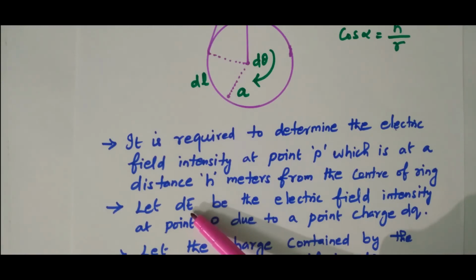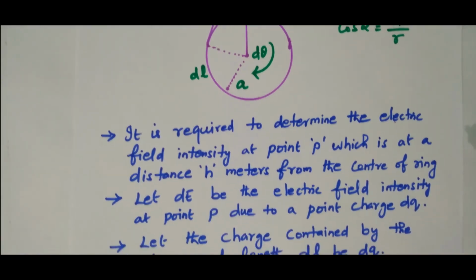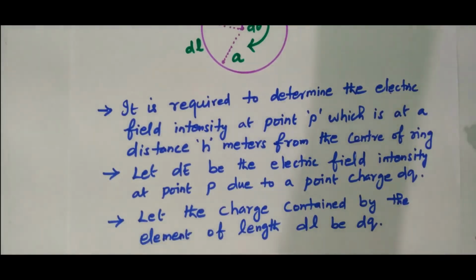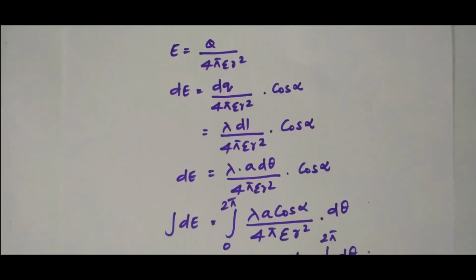So dE is nothing but the electric field intensity due to the point charge dq. Now we'll consider the small length dl. At the small length dl, the charge will be dq. Now we'll go to the derivation.